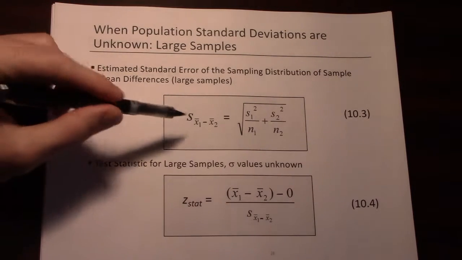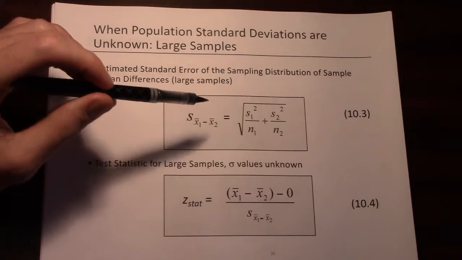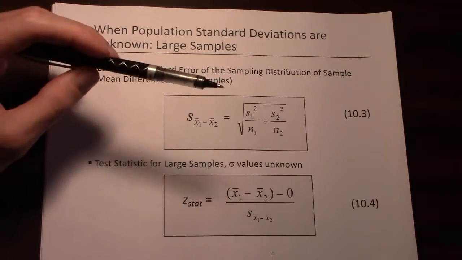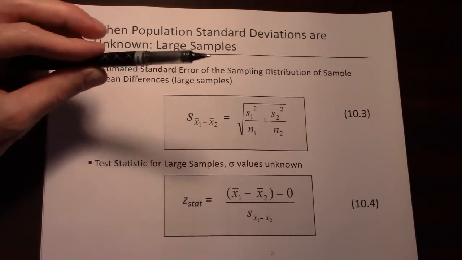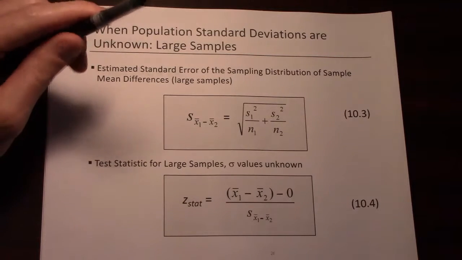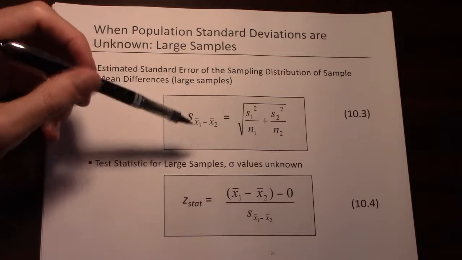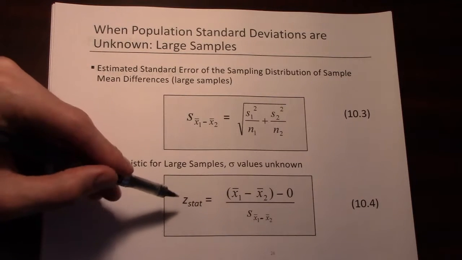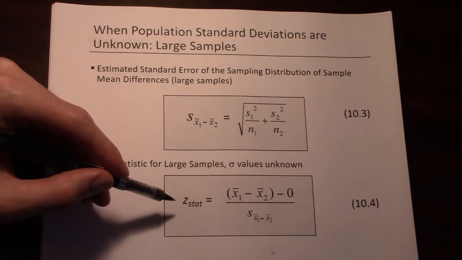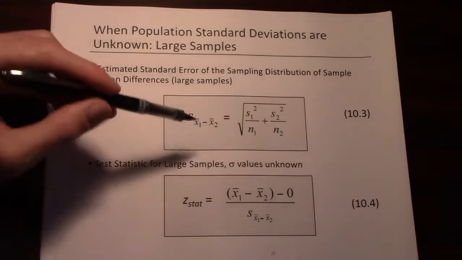So in the case where we do mean differences, both when we're trying to calculate a confidence interval for mean differences, and now that we're doing hypothesis testing for mean differences, we're good with using the z-statistic.